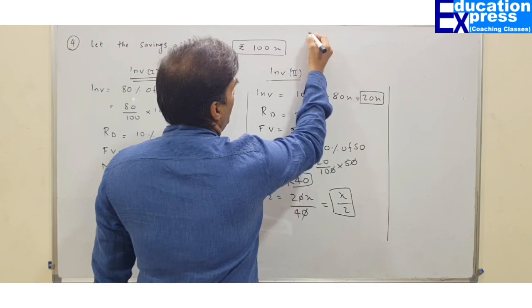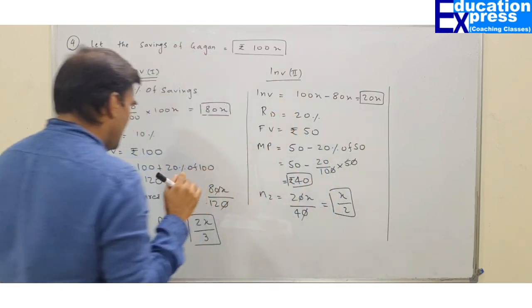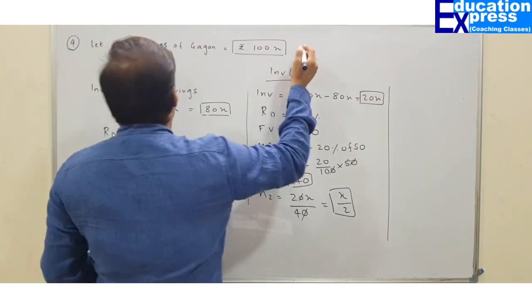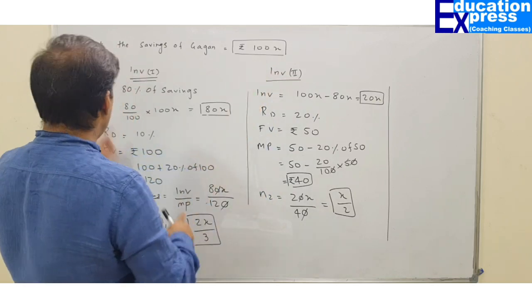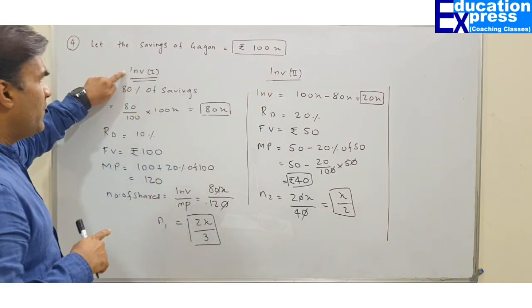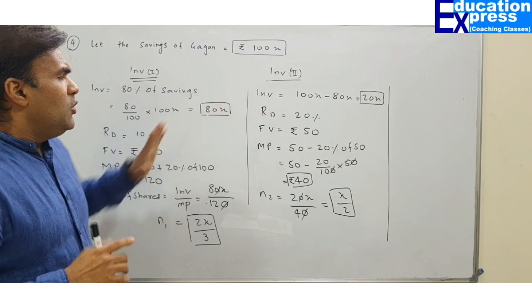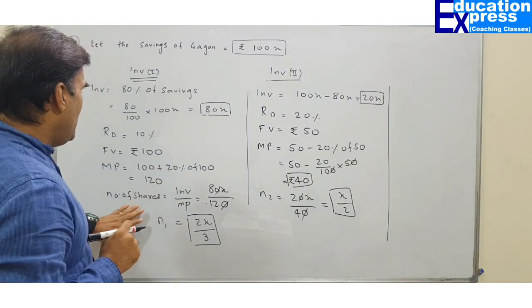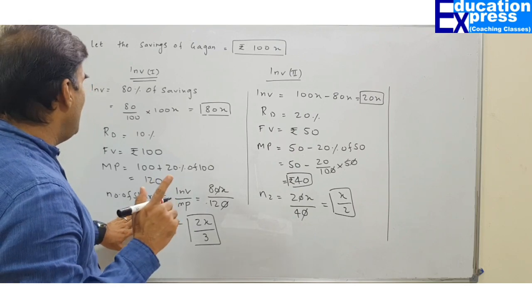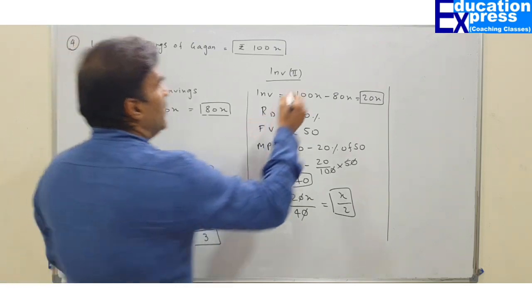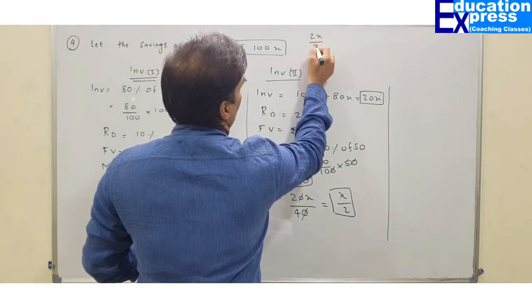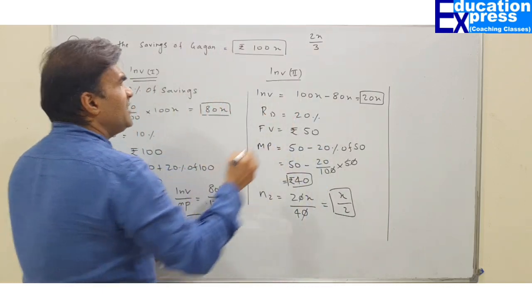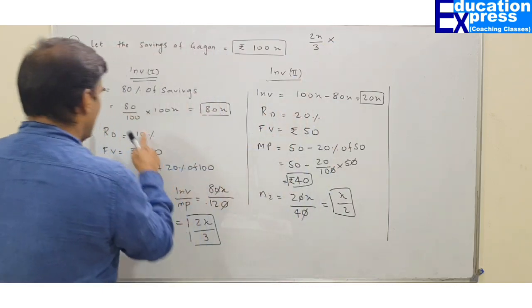Sir, dividend from investment 1, and this is investment 2. So now we will create one equation. The equation will be dividend from this. The formula for dividend is number of shares into face value. What is the face value? So 100.